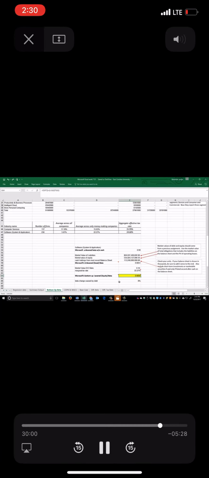We will speak in class about whether your base case should be your bottom-up beta or your regression beta. But the bottom line on this is that most of you should be using your bottom-up beta as your base case. Why? Because it starts with an industry average, which is a better estimate of the future.